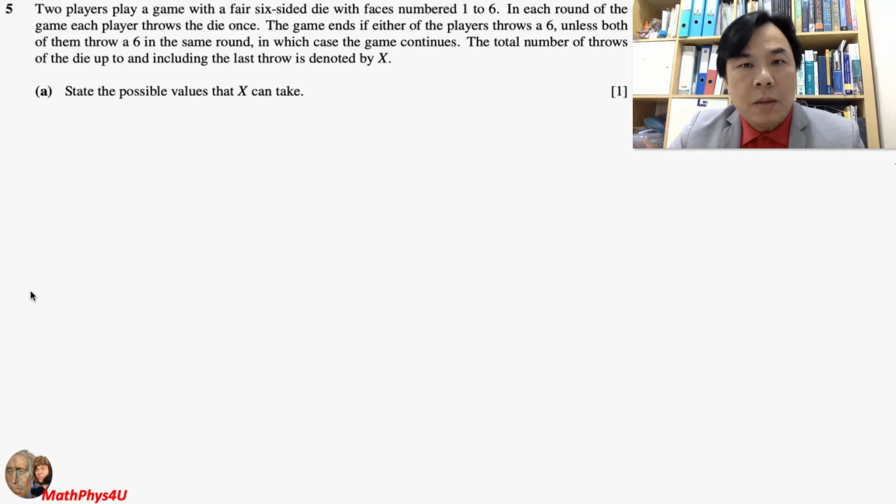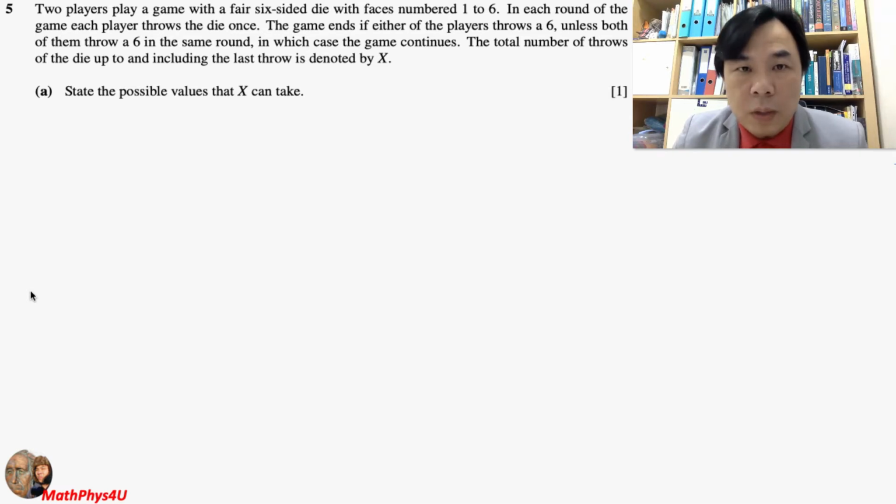The game ends if either of the players throws a 6, unless both of them throw a 6 in the same round, in which case the game continues. The total number of throws of the die up to and including the last throw is denoted by the discrete random variable X. Our first task is to state the possible values that the random variable X can take.